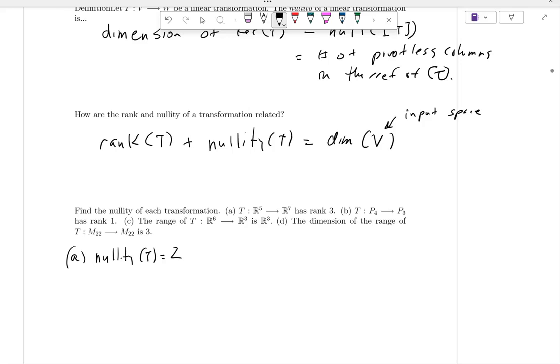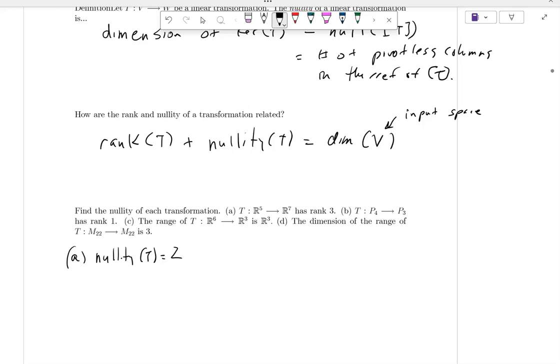And that makes sense from a matrix standpoint. If I did the standard matrix for that transformation in part A, what would the size of the matrix be? 7 by 5, right? So if it has rank 3, that means we would have 3 pivots when we row reduce. That would give us 2 pivotless columns. So the nullity would have to be 2, because we only get 5 columns in our matrix.